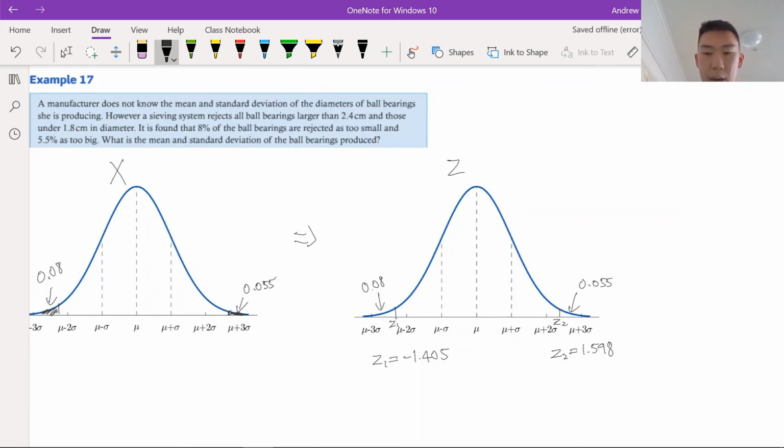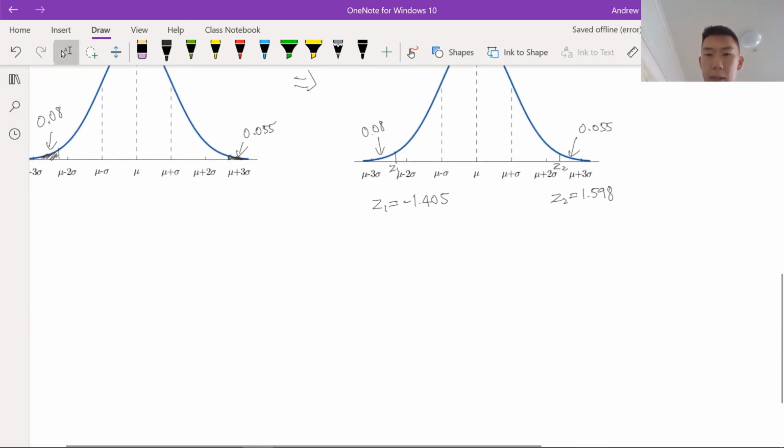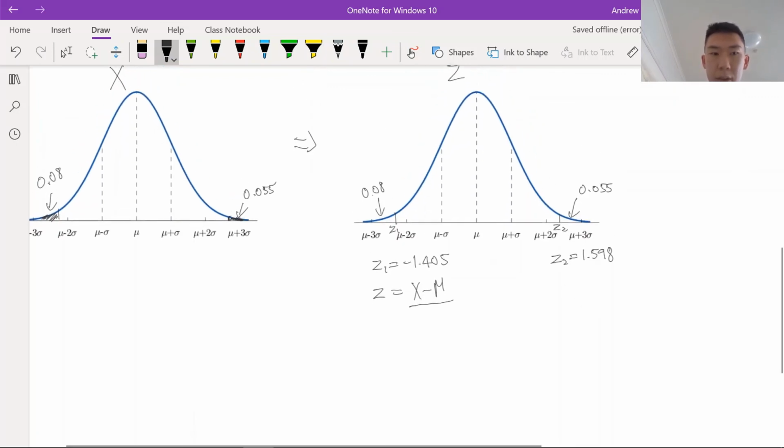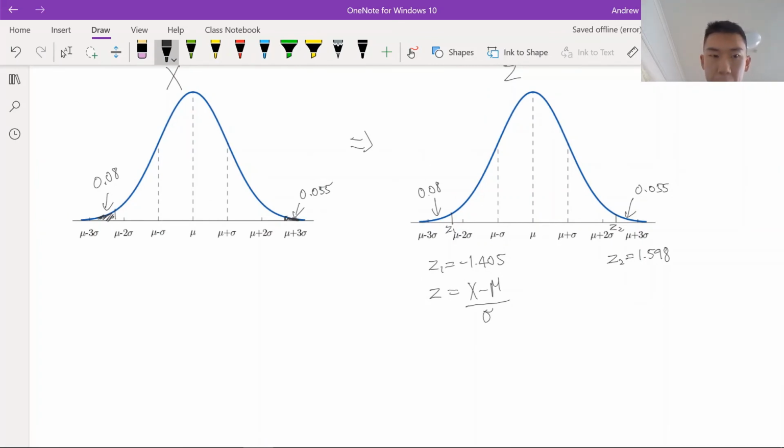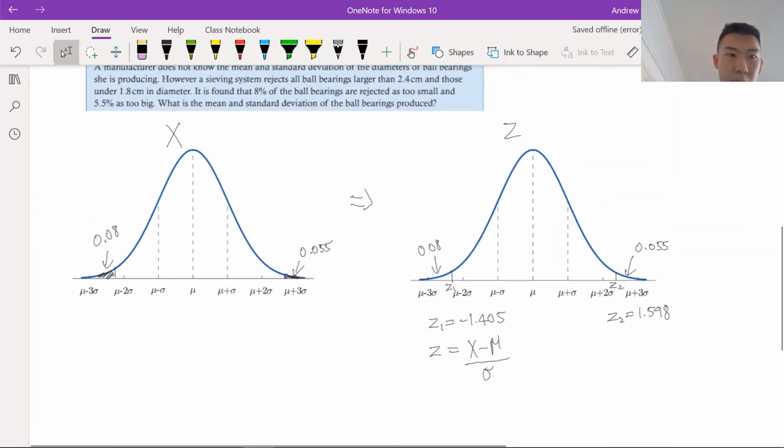All right, now let's use this formula: z equals x take mu over sigma. Oh, I should have probably put the x values in. So this was 1.8 and this is 2.4.